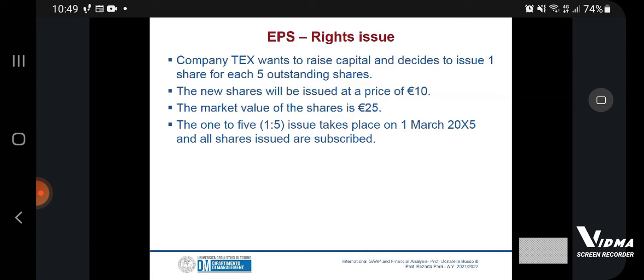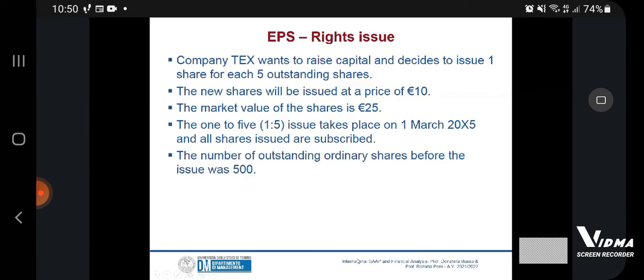It means that all these shares issued are taken over by somebody. They will be fully issued. It's not the case that some of them are not subscribed and I have to take them to the market and sell them at the full market price. All the rights issue is subscribed by the existing shareholders, okay? It's expected to be fully executed.